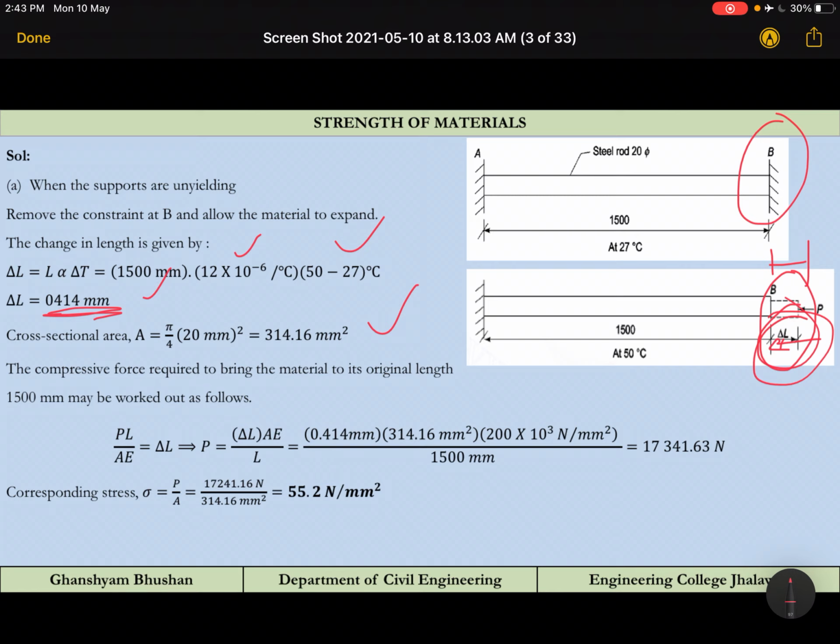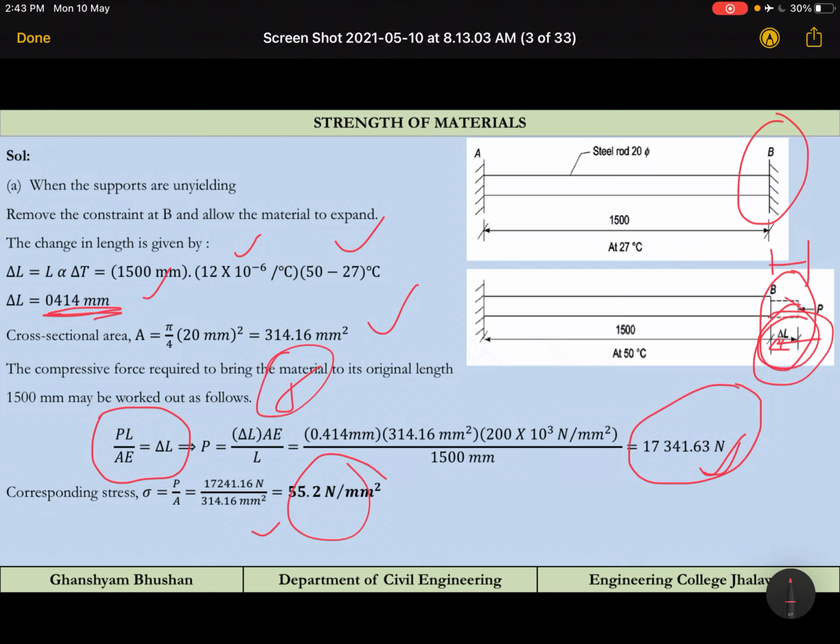So the compressive force required to bring the material to its original length can be found from this equation, or simply you can put P by A as sigma and directly get the stress. So either find the force first, or find the stress directly. So force is coming out to be 17,341 Newton or 17.34 kilonewton, divided by area will give you the stress generated due to this deformation when supports are unyielding.